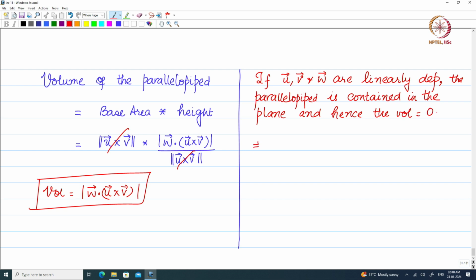Which implies w dot u cross v is equal to 0, and this also goes by the name of the scalar triple product.